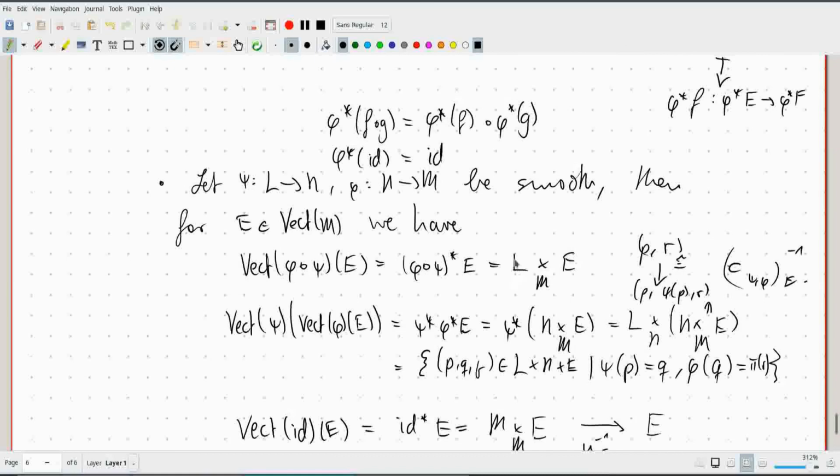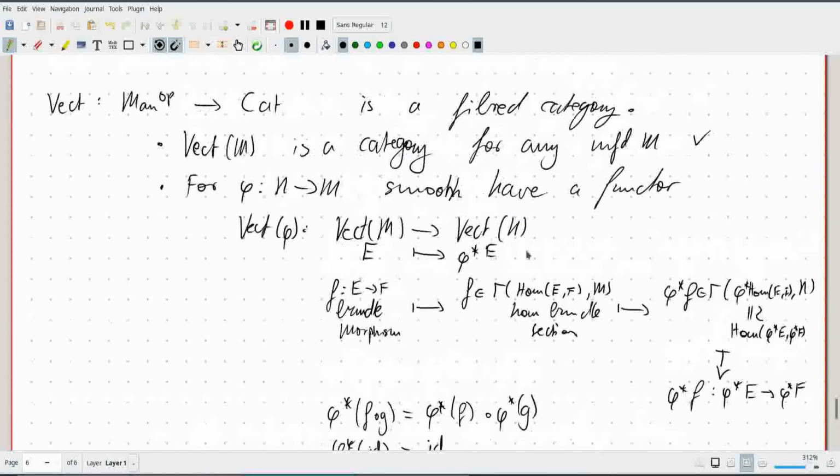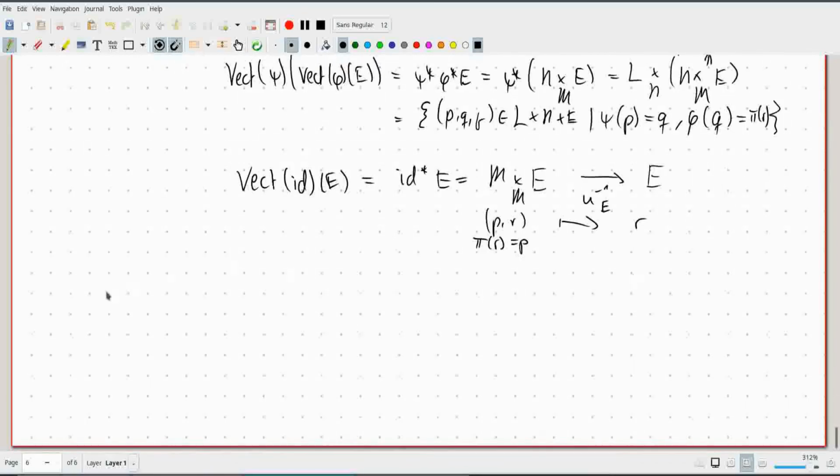And ultimately you can check that these are indeed natural transformations, and we find Vect is a fibered category.